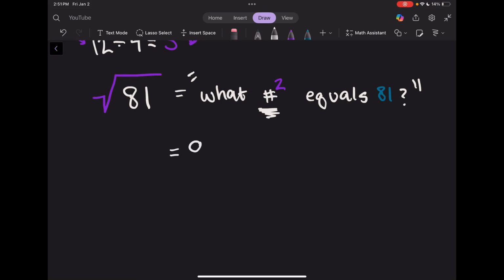That would be 9 squared equals 81. So the square root of 81 is 9. So this right here is our answer for square roots.